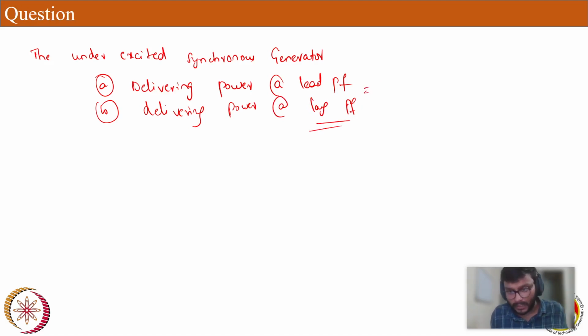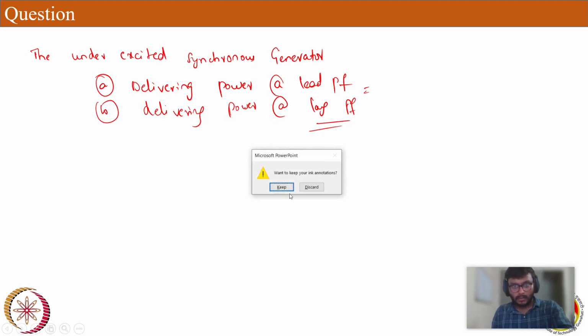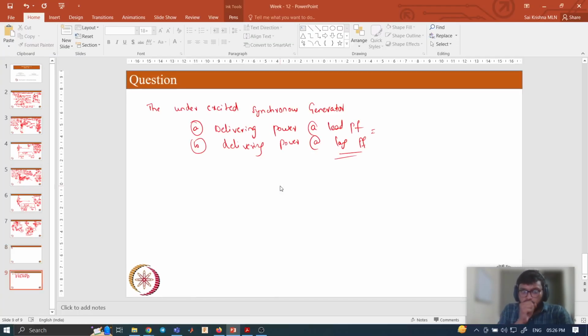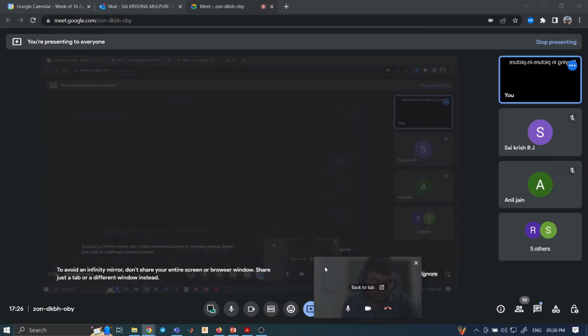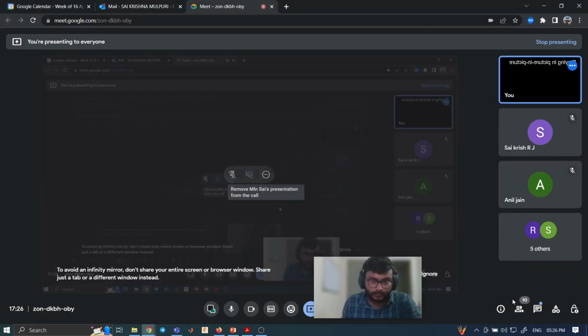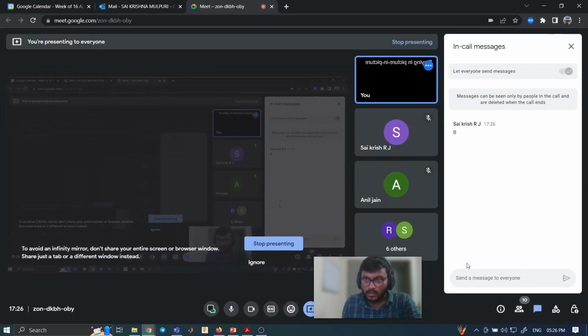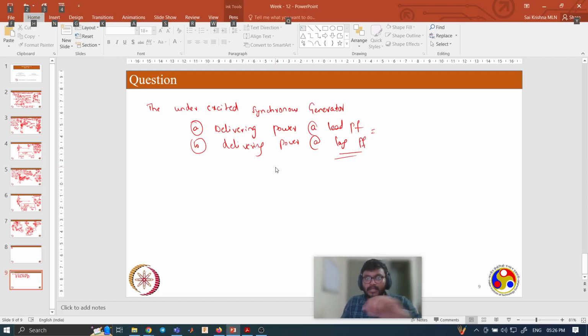So what would be the answer for this? Can anyone tell? It's very simple. An under-excited synchronous generator will deliver leading or lagging. So Sai has said that it's B. B means it is delivering a lagging power factor.